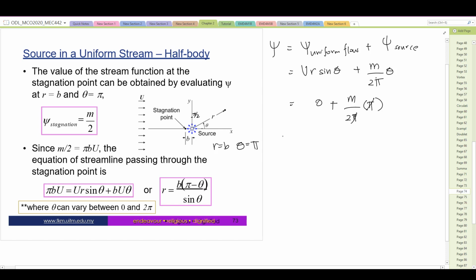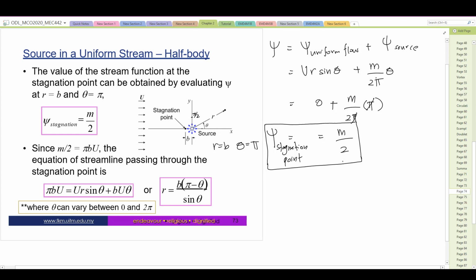So psi at the stagnation point equals m over 2. This is how to determine the stream function at the stagnation point.